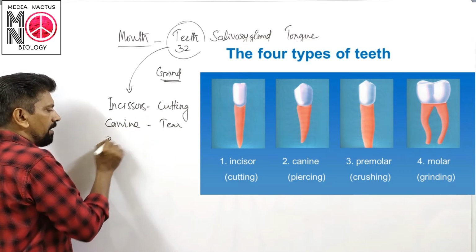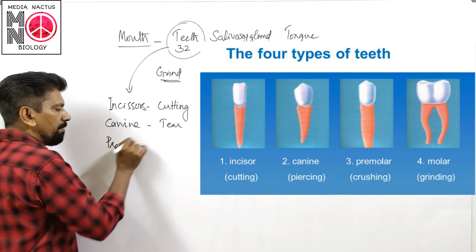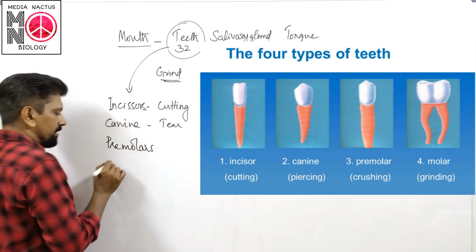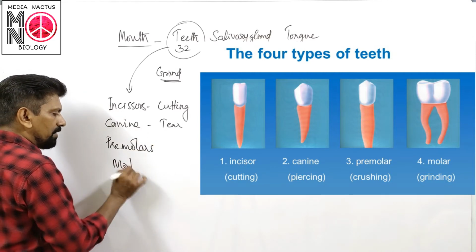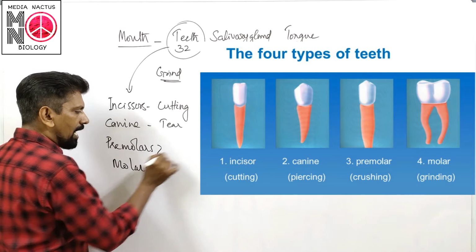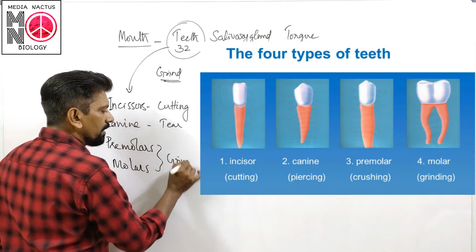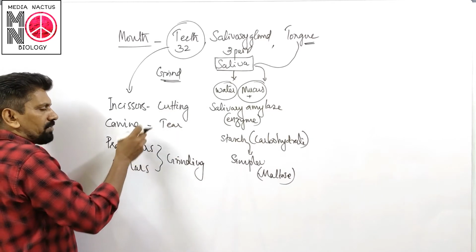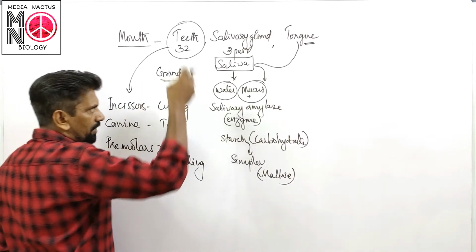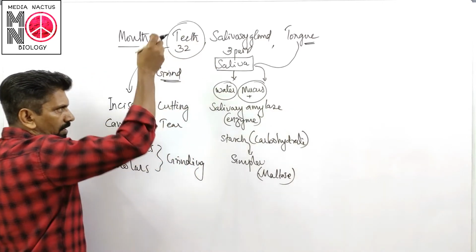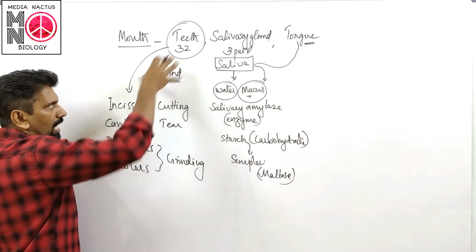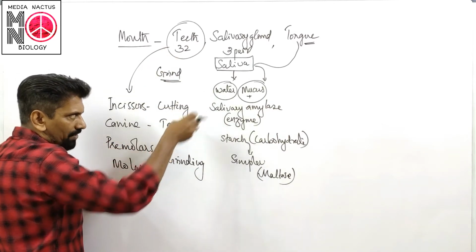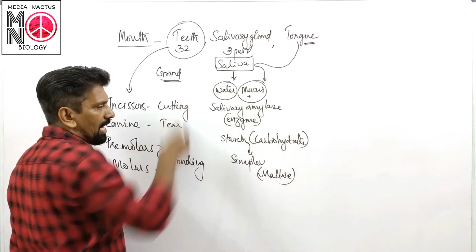And then premolars, and last molars. The premolars and molars are the grinding type, so that all the food particles which contain carbohydrate, protein, fat are ground into smaller particles and mixed with the saliva.